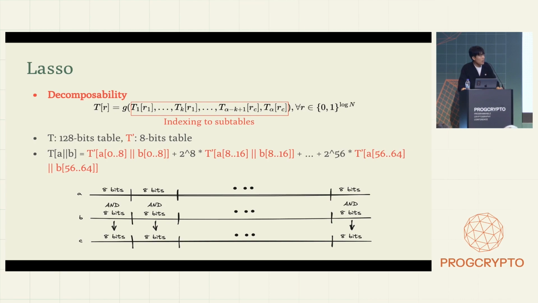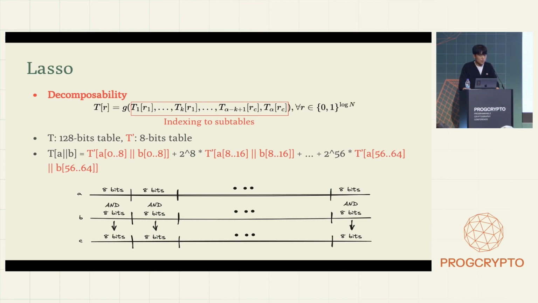Then we can express indexing into this very large table as indexing into smaller subtables and then just combining them to obtain the original result. This means that we can chunk the 64-bit elements into 8-bit chunks, index them, and then just recombine them to obtain the original result.